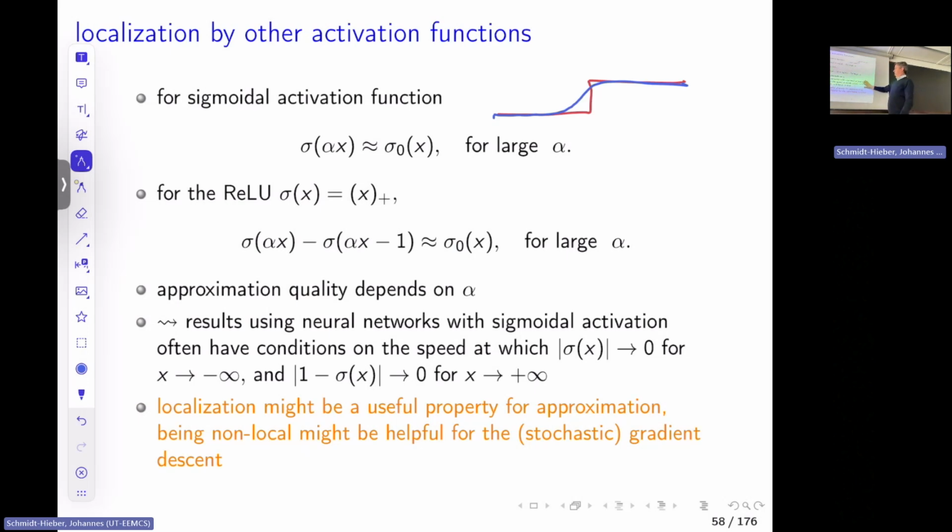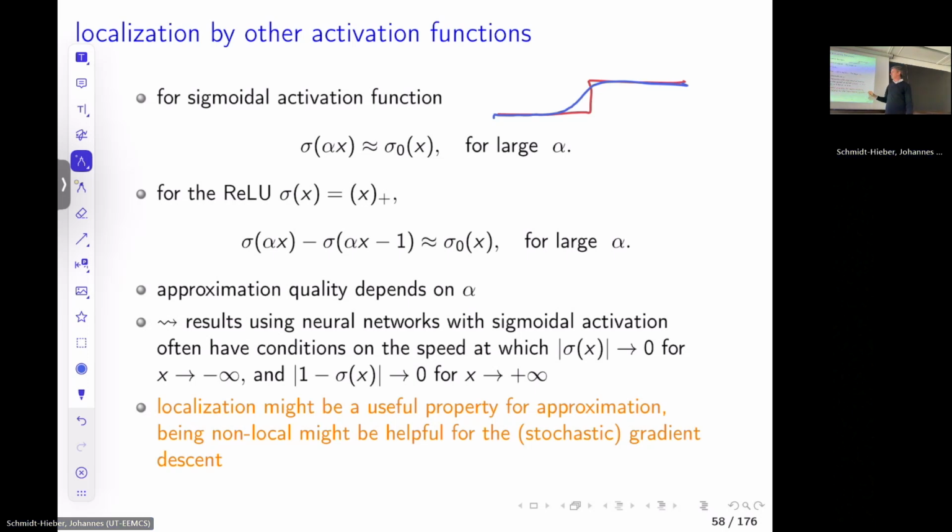And many results that you see in the literature on sigmoidal activation functions typically have something on the speed at which the sigmoidal activation function goes to 0 in the left tail and goes to 1 in the right tail, because this becomes really important in the end for these sorts of approximations. If you want to approximate a Heaviside network, you really have to control what is going on in the tails.